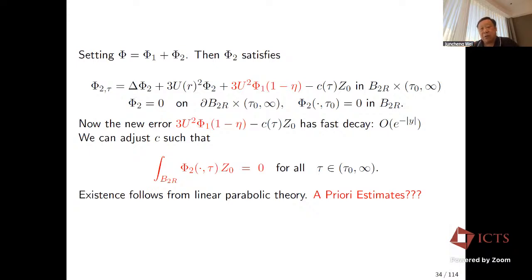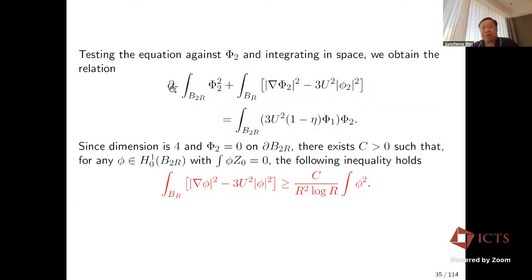To get the upper estimate for phi 2, we don't just do as in the parabolic case. Now we use L2. We multiply both sides by phi 2, and we get this energy estimate. This is the usual classical energy estimate. So you get d tau of the L2 norm squared equals the gradient of phi squared plus 3u squared phi 2 squared equals this.